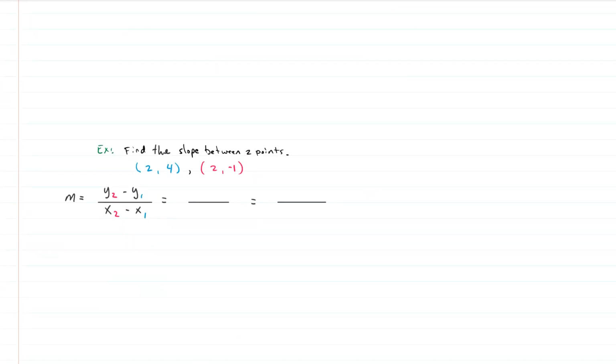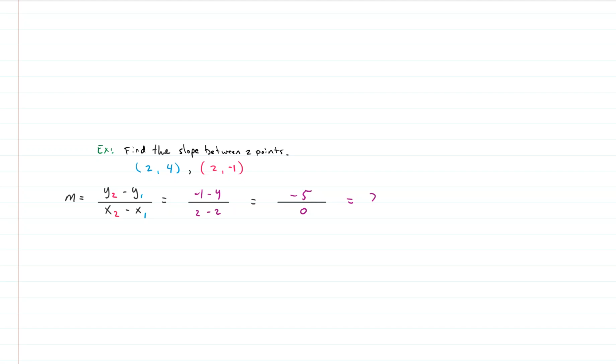Let's try one more. Again, the blue is point 1 and the red is point 2. So we have -1 minus 4 and 2 minus 2, which gives us -5 over 0.